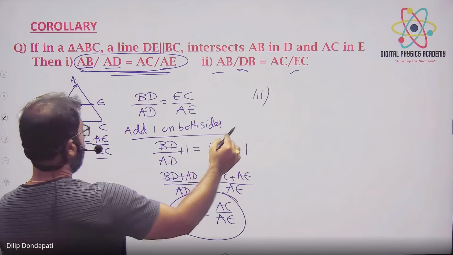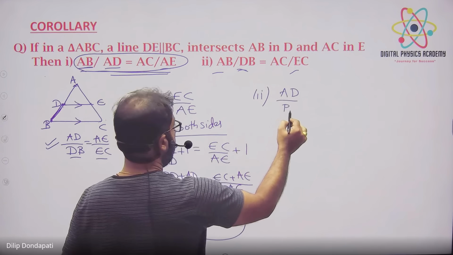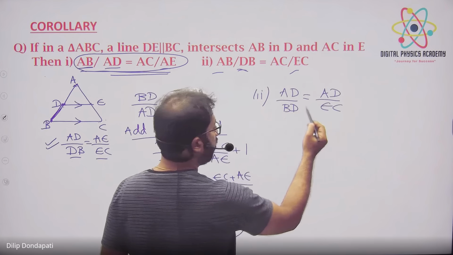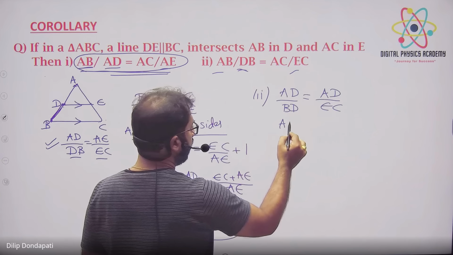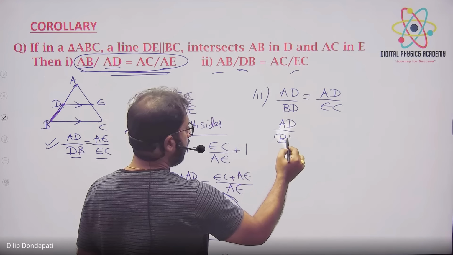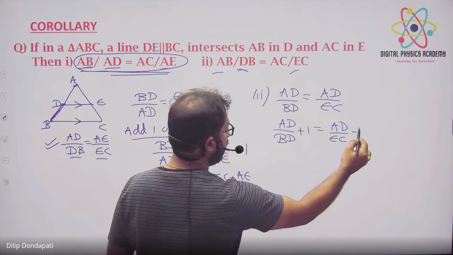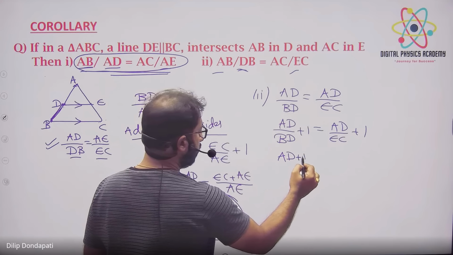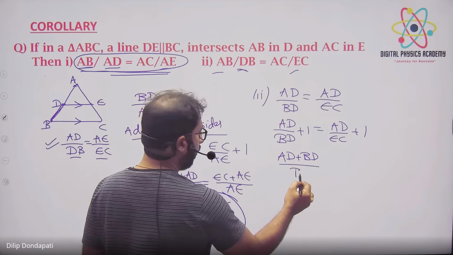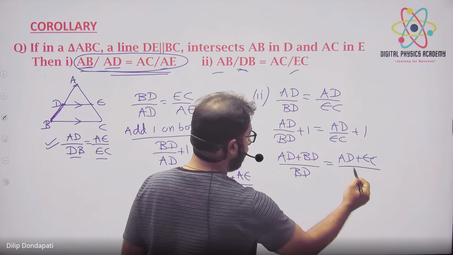So क्या था? AD by BD is equal to AE by EC, right? This is from BPT से आया ना. Now I am adding +1 both sides. AD by BD +1, AE by EC +1. Okay. Now क्या होगा? AD plus BD by BD is equal to AE plus EC by EC.